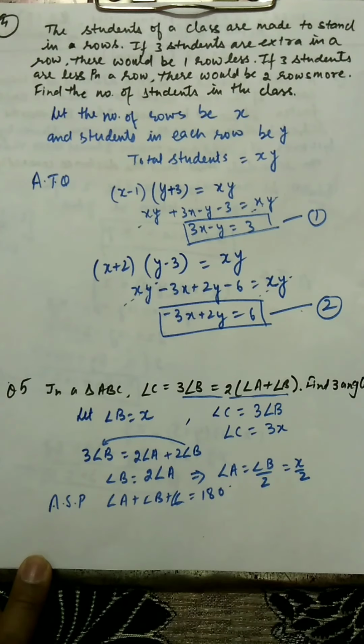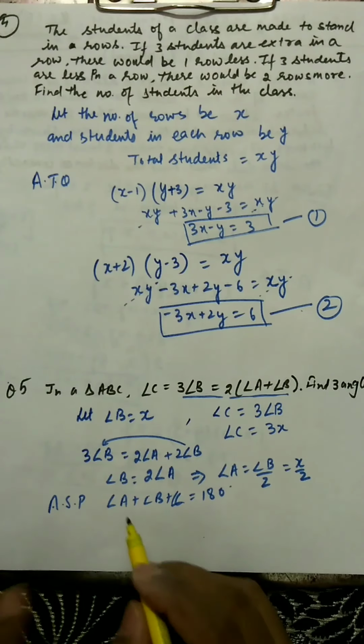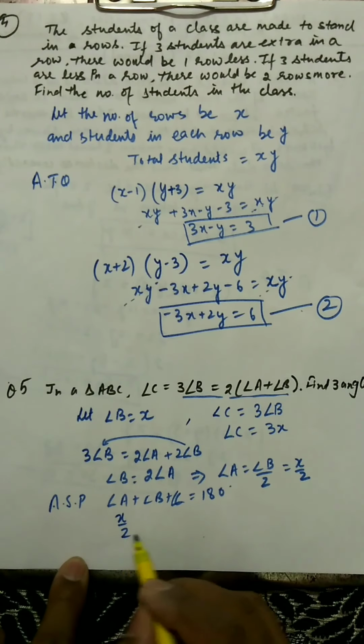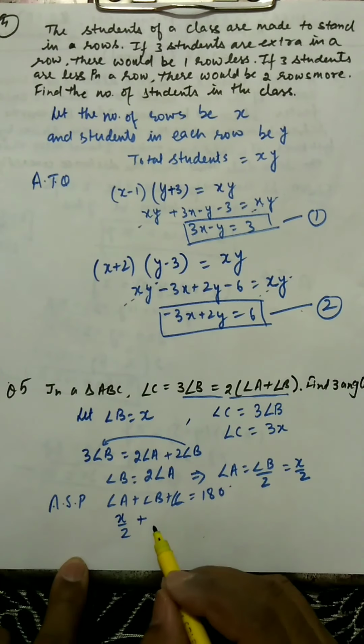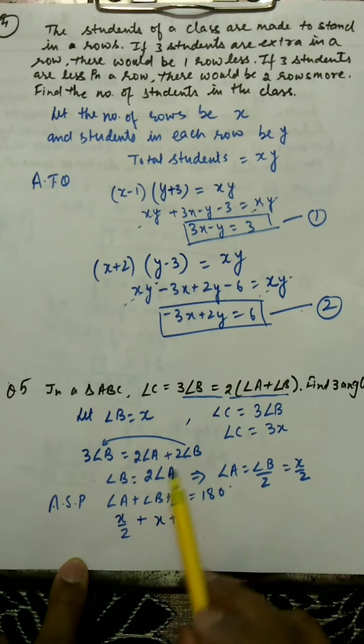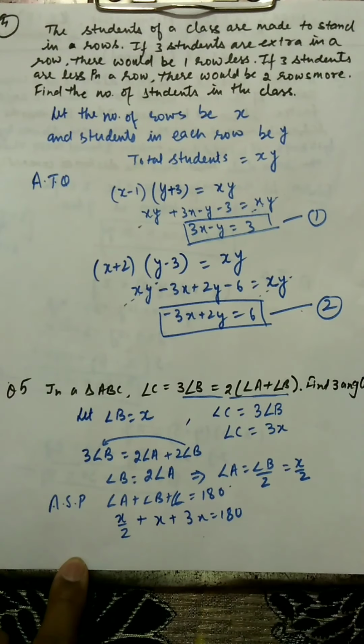Angle A is x by 2, so this is x by 2. Angle B is x, and angle C is 3x, and this is equal to 180.